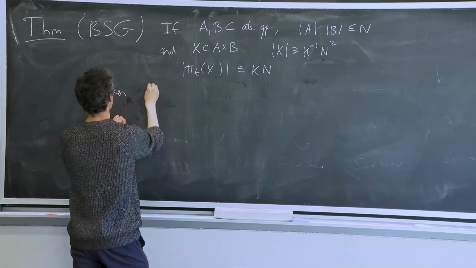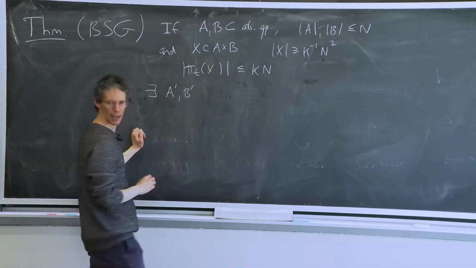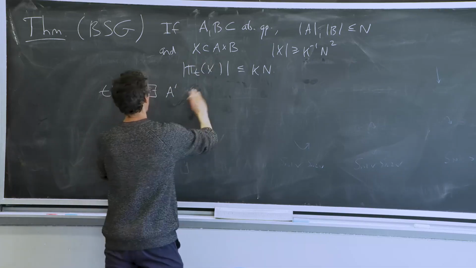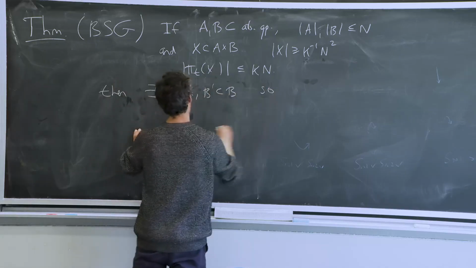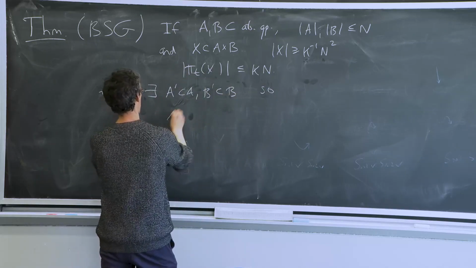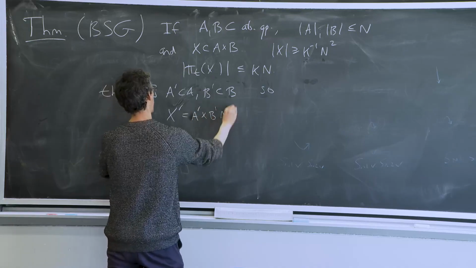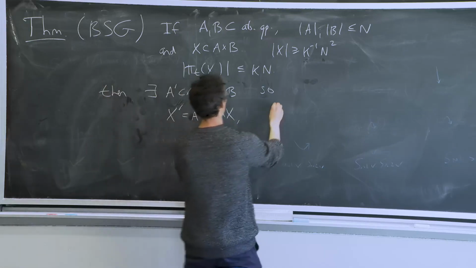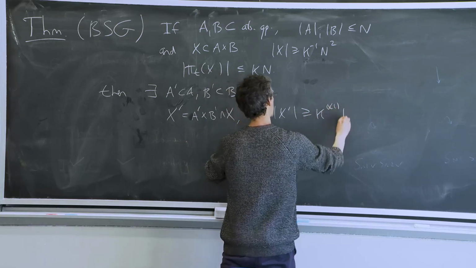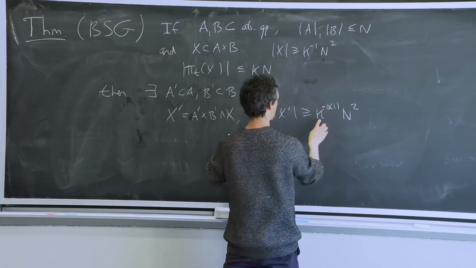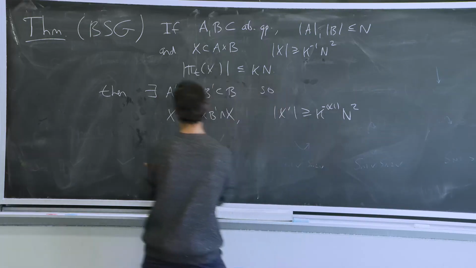So then there exist A prime and B prime, which are subsets of A and B, so that X prime, defined to be A prime cross B prime intersect X, is still a big fraction of n squared: k to the minus some constant power times n squared.